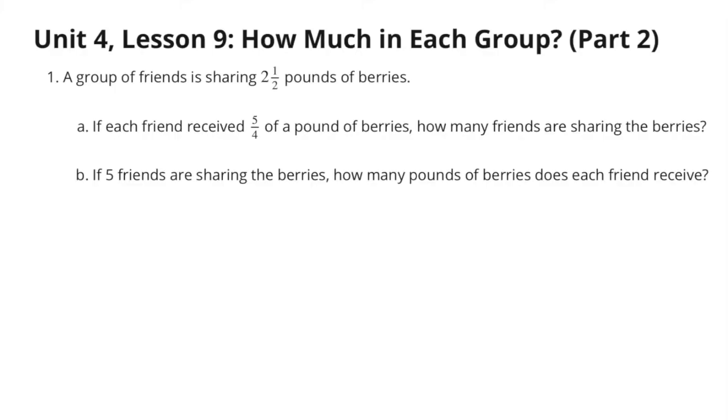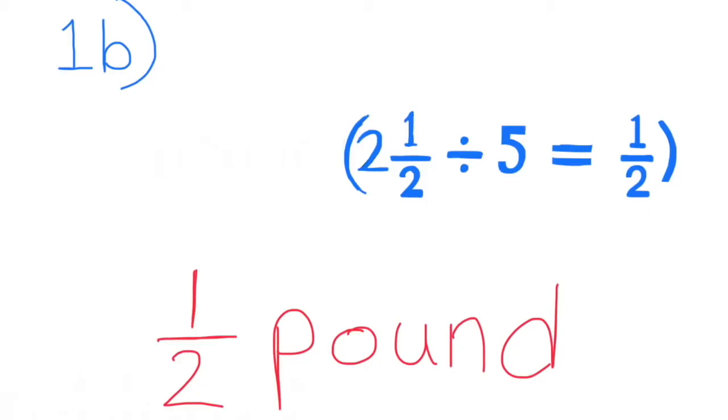B. If 5 friends are sharing the berries, how many pounds of berries does each friend receive? Each friend would receive a 1/2 pound. 2.5 divided by 5 equals 1/2.